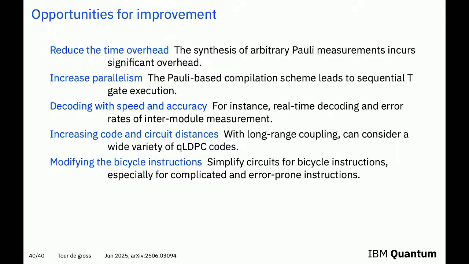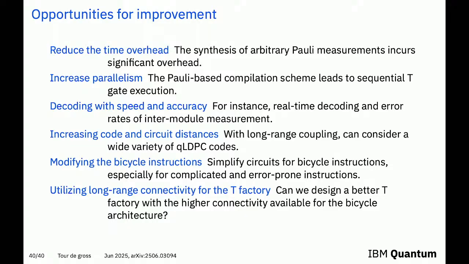We could further simplify the circuits that we have for bicycle instructions, especially those operations we think are high in error rate, and perhaps we can improve the T factories further in a way that uses this higher connectivity. So, that's the end.